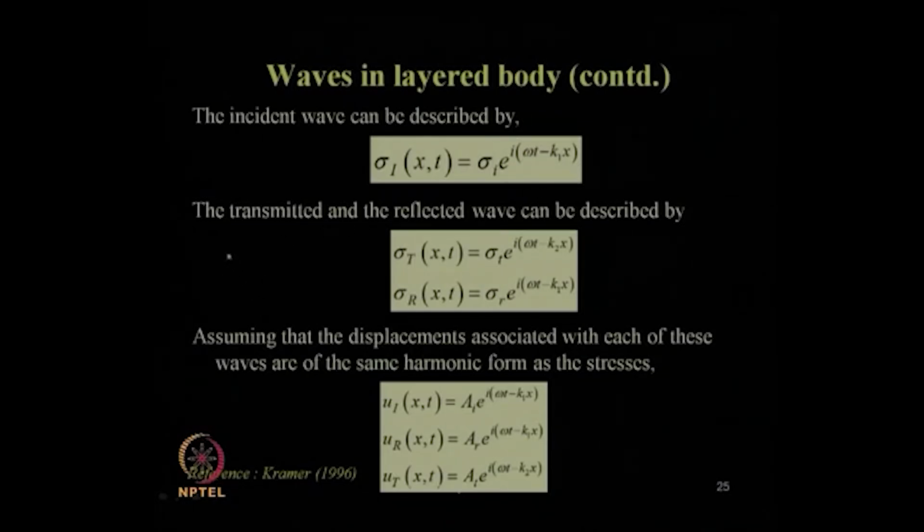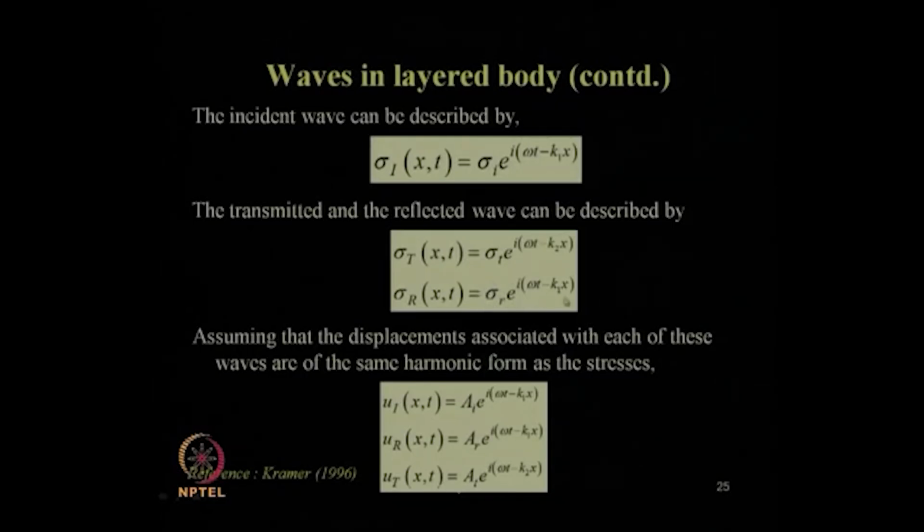Whereas, for the transmitted wave and reflected wave, how can we describe these things? The transmitted wave, sigma t of x and t, can be represented as sigma t e to the power i omega t minus k 2 x. This is for material 2, whereas sigma r of x and t is for the reflected wave.